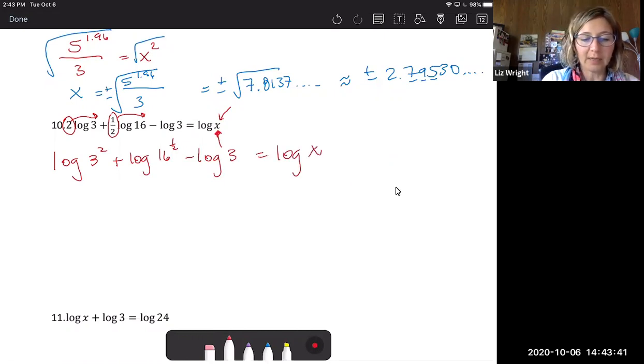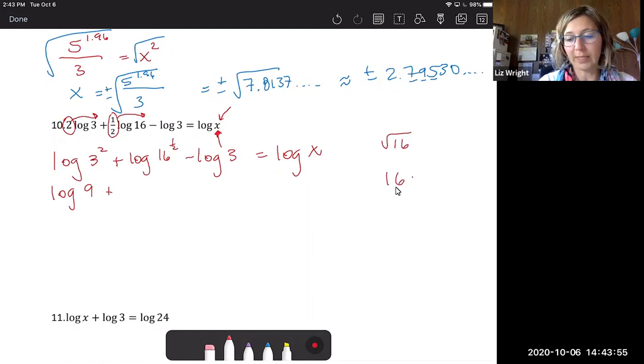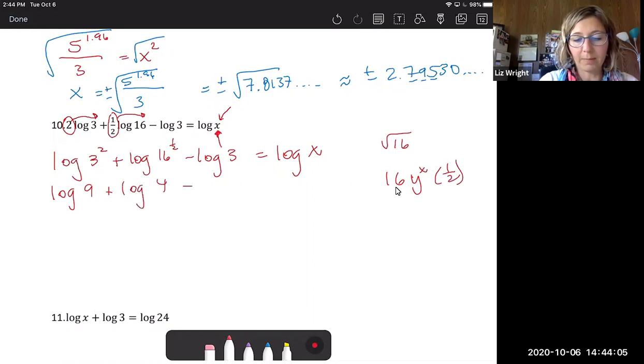I know that this is going to be log of 9. If you don't remember what the 1/2 power is, it's just taking the square root of 16. But if you don't remember that, you can put it in your calculator and raise it to the 1/2 power, and it's going to give you back 4. So you can do that. So it's going to be log of 4 minus log of 3 equals log of x.